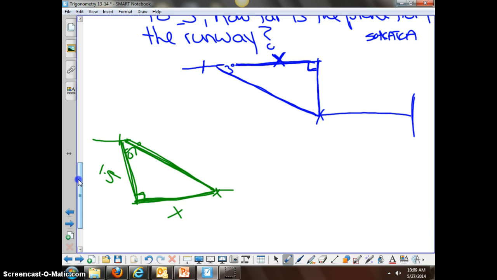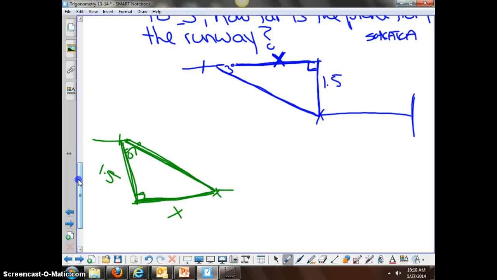I know that I have to use 3 degrees because that's all I got, and I have to use 1.5 because that's all I got, and I have to solve for x. So somehow I need enough information to solve for that x. Laura, what do you got? Tangent of 3.